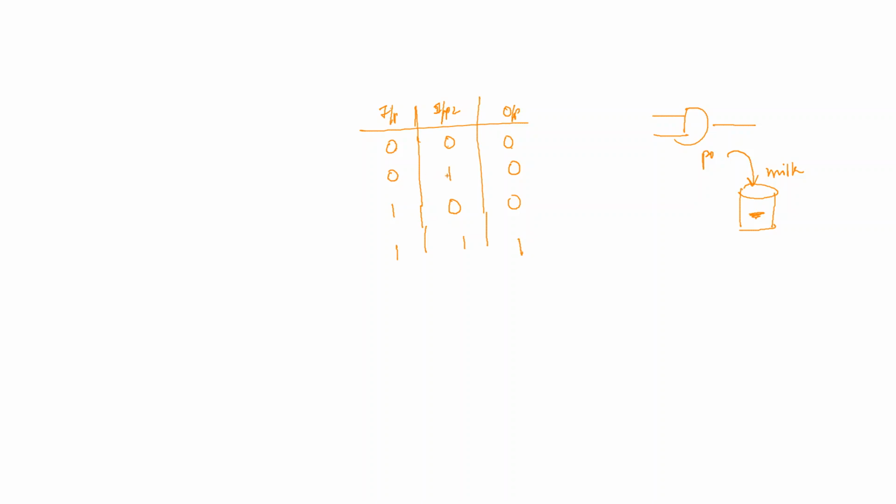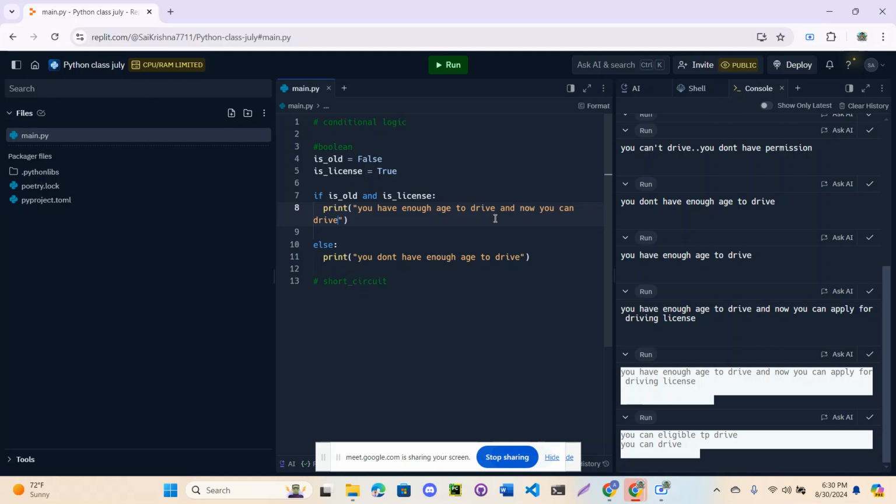If you add something poison with milk, it turns into poison again, true. The same vice versa here. If you add milk to poison, again it's going to become a poison one, right? If you only add only milk and milk, then you will get a milk, true. In the similar way, this logic is going to be executed in that fashion.